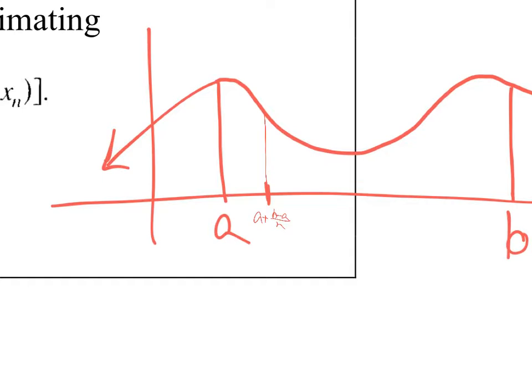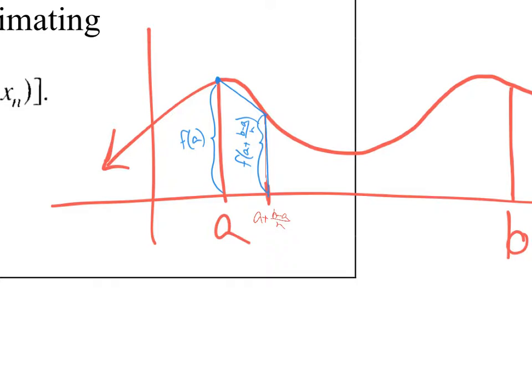Well, let's think about what this trapezoid would be. The base of the trapezoid would be f of a, right? This other base of the trapezoid would be f of a plus b minus a over n. Which we could call this x sub 0 and this x sub 1.